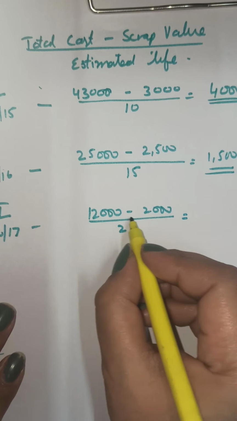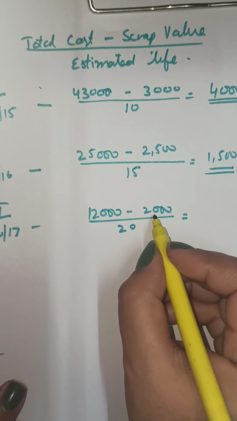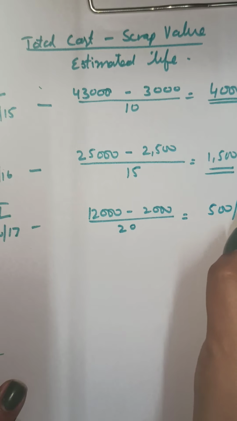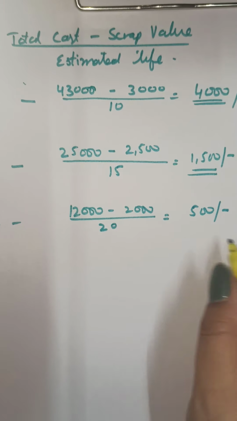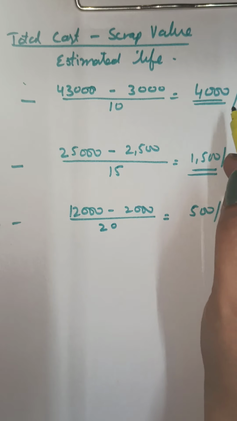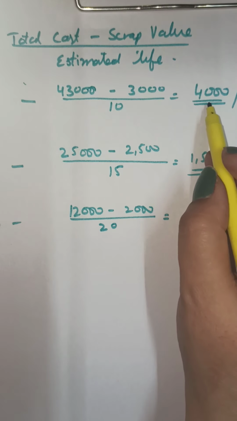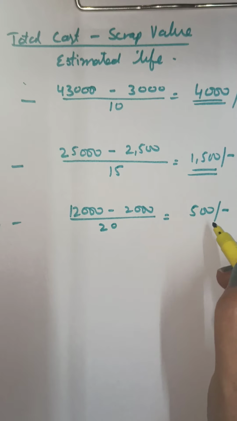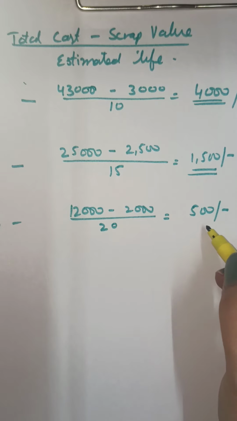That means 12,000 minus 2,000, 10,000 upon 20, rupees 500 per year. That is the depreciation. So now we have depreciation of asset number 1, 4,000, asset number 2, 1,500, and asset number 3, rupees 500.